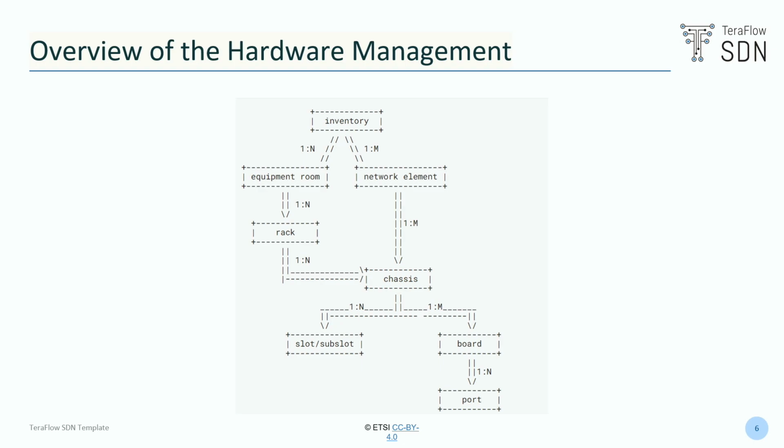Here we have an overview of the inventory with a schematic view, where for each network element, we start with the chassis as the root element. So all that we detect depends from the chassis or from the rack, depending on if it's virtual or physical.